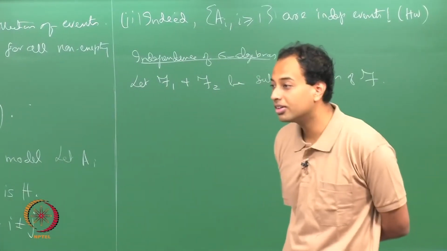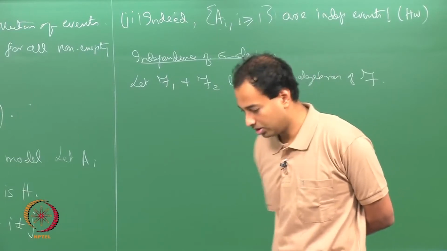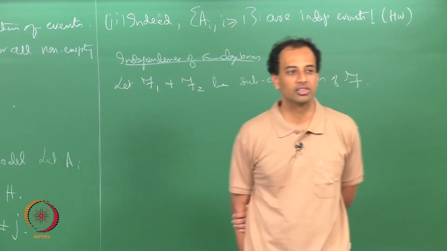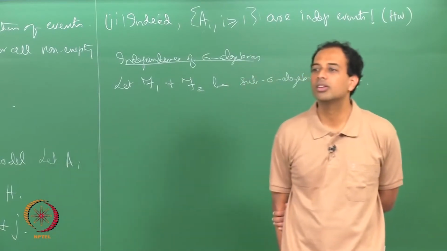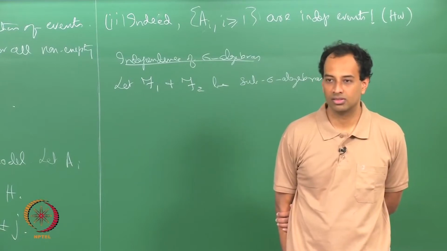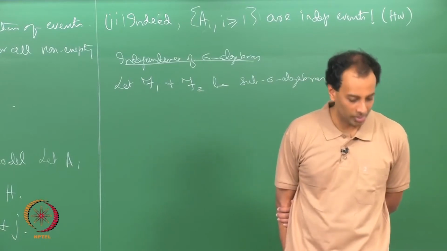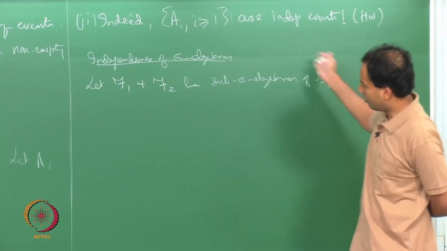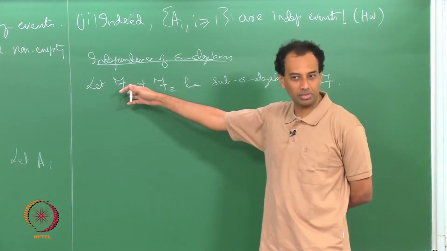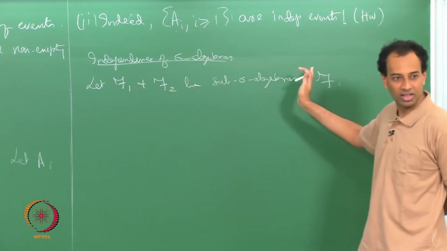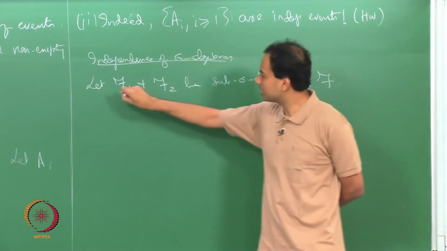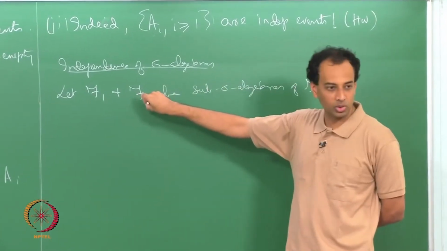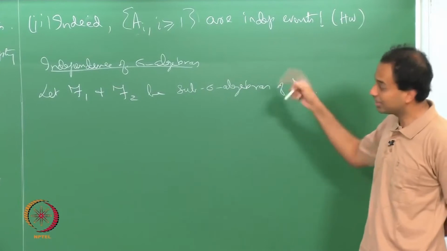I am looking at the sub sigma algebras of F. By sub sigma algebra I just mean, F is some collection of subsets of omega. F1 is a sub sigma algebra means F1 is contained in F. So every subset contained in F1 is also an element of F. Similarly, every subset contained in F2 is also an element of F, but they are both sigma algebras.